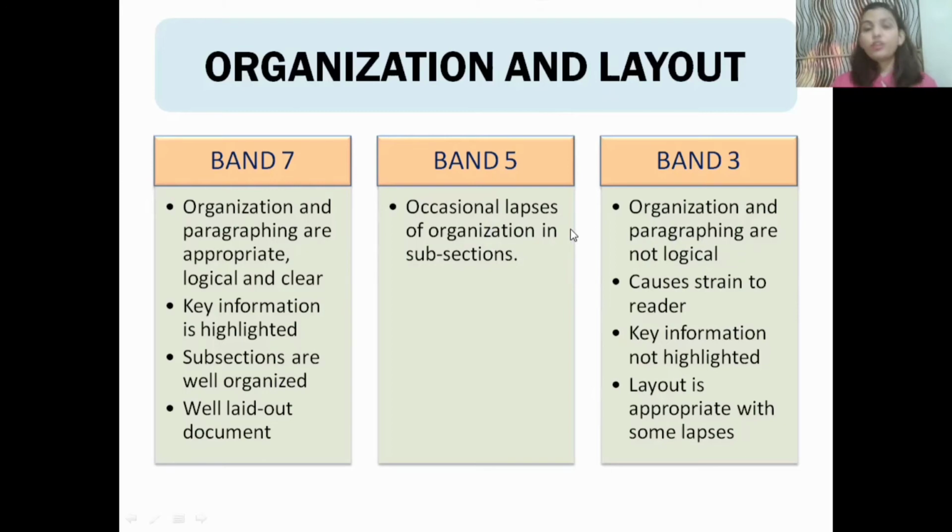For the organization, I always tell my students that once you select the information, if it is your problem to organize it properly, you should think about what points come first into your mind while giving a handover of the same patient to someone.